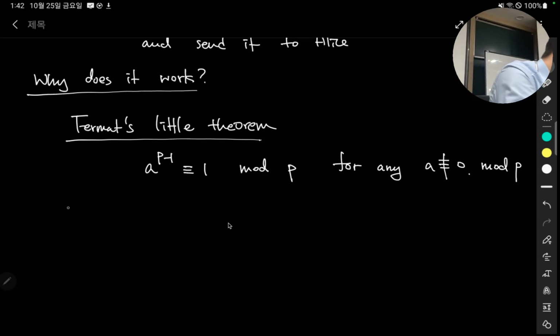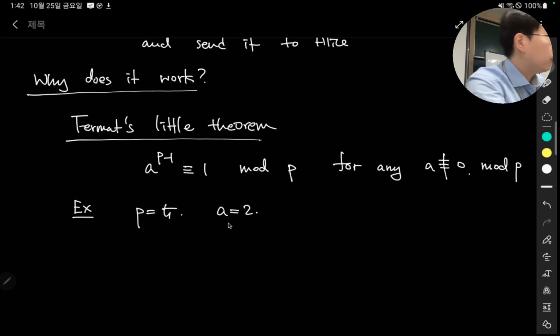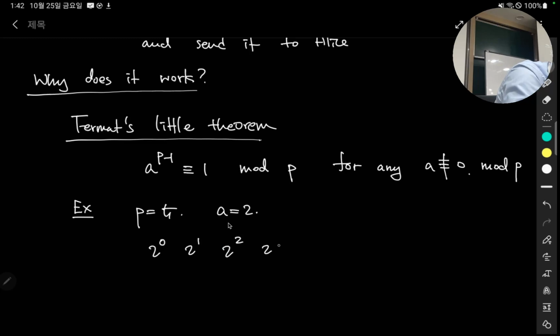So I'll give you an example here. Let's say we have p equals 5 and A equals 2. I'm going to take exponents of 2: 2 to the 0, 2 to the 1, 2 squared, 2 cubed. So it's 1 when I take the zeroth exponent, then 2 and 4.